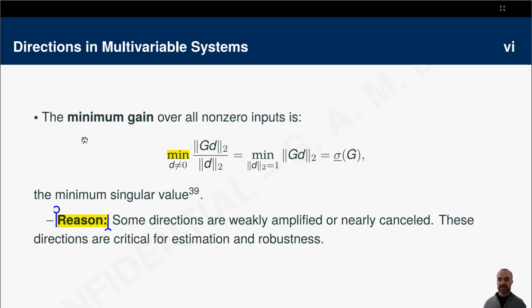If you don't know where to put your sensors and you have accidentally aligned them with a weak output direction, then you will struggle to measure what matters. This is not what matters. You care about something else. Maybe you care about, and you should care about, the worst-case scenario, the maximum amplification.